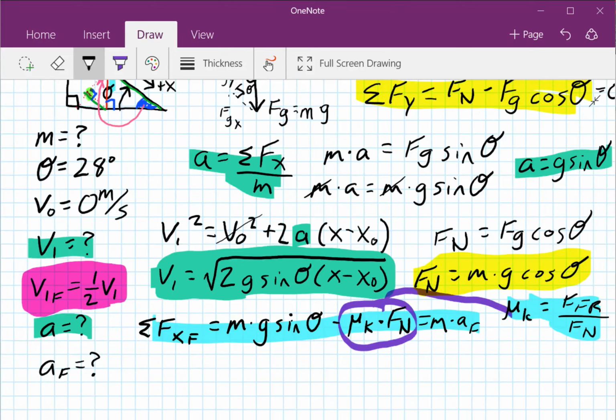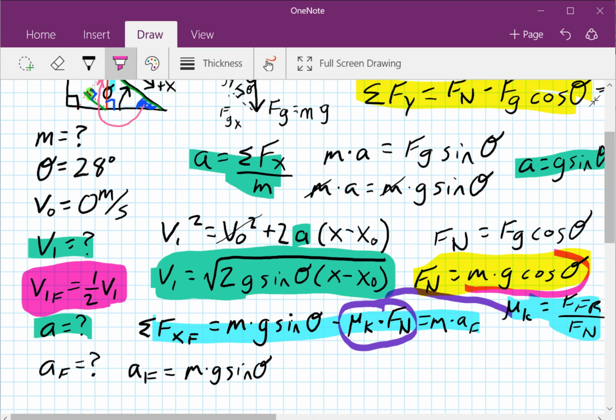So we would have the acceleration with friction equals mg sine of theta. Oh, sorry, I just saw this. We can plug in this for Fn.